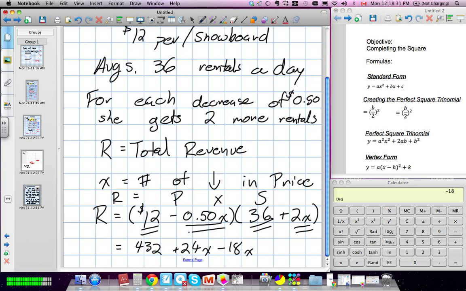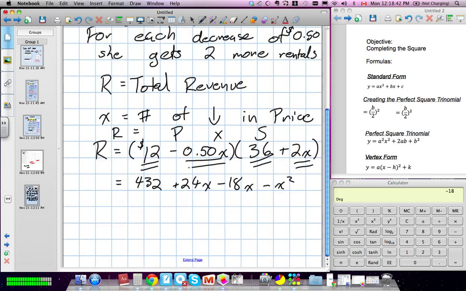I'm going to collect my like terms, so we get 432 plus 6x minus x squared. And finally, I need to rearrange this to put it in standard form. So we should have R is equal to negative x squared plus 6x plus 432. If you guys notice, we are now in our standard form.